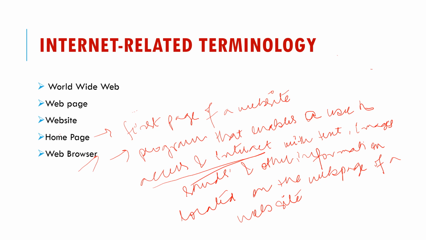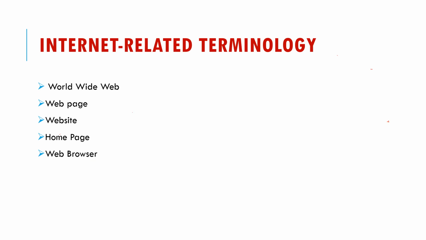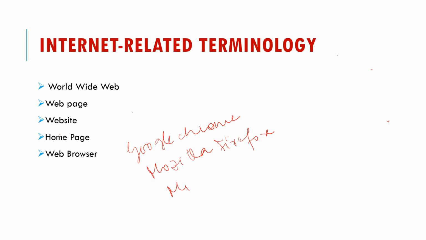Some examples of web browsers are Google Chrome, Mozilla Firefox, and Microsoft Internet Explorer. These are some of the examples of web browsers. With the help of these, you can surf the internet.